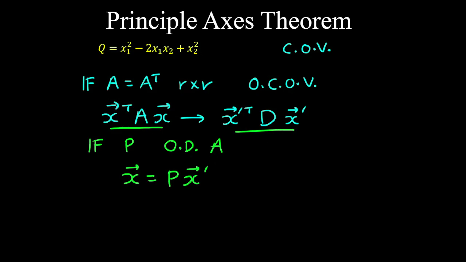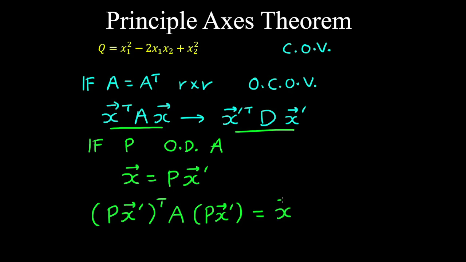So to show this, we can substitute for x. So we have (P x dash) transposed by A by P x dash. So that would give x dash transpose by P transpose A P by x dash.